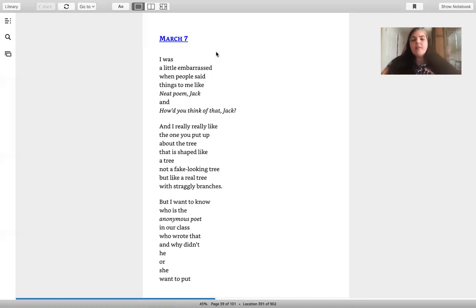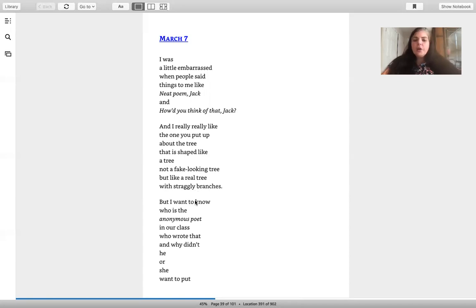March 7th. I was a little embarrassed when people said things to me like, neat poem, Jack, and how'd you think of that, Jack? And I really, really like the one you put up about the tree that is shaped like a tree. Not a fake looking tree, but like a real tree with straggly branches.